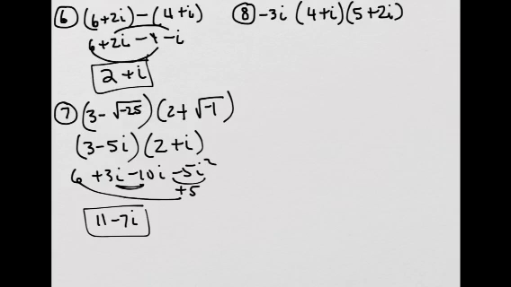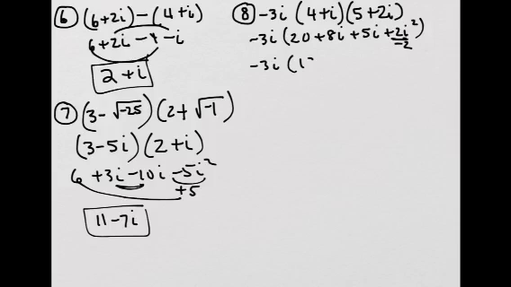Alright, so number 8 is very much like number 5. So I'm going to do the two binomials first. So I'll bring down the negative 3i. So that's 20 plus 8i plus 5i plus 2i squared. So this is a negative 2. So I'm going to have 20 minus 2 is 18.